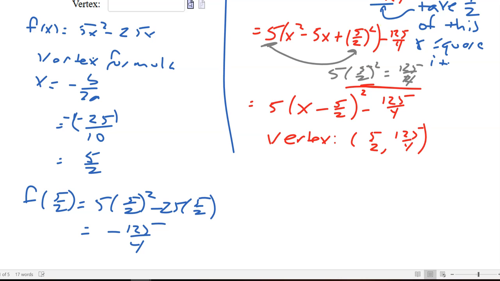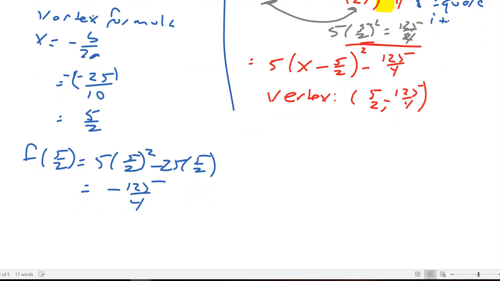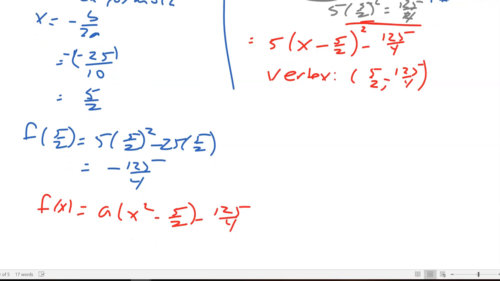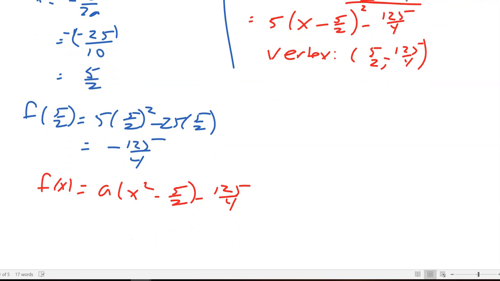That was a negative over here, and I did not write that down here. Okay. So then, since I have that, I know that f of x is something times x minus 5 halves squared minus 125 over 4, and then I have to figure out what a is going to be.